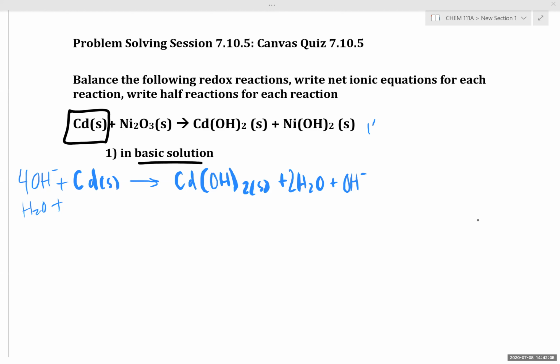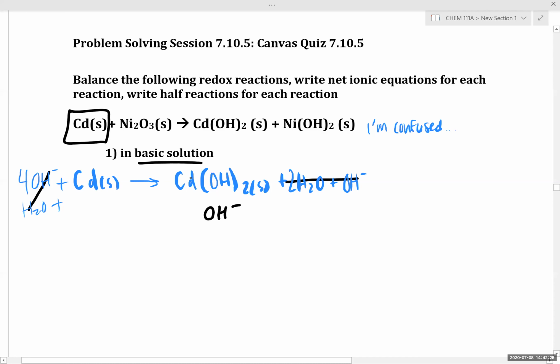So may I suggest, let's keep this up for right now, and first and foremost just think, how many hydroxides do I have on the right? 2, yep. So then how many hydroxides do I need to add to the left?